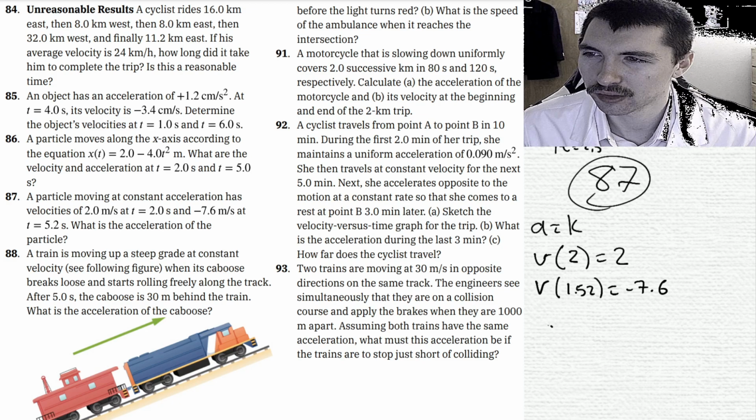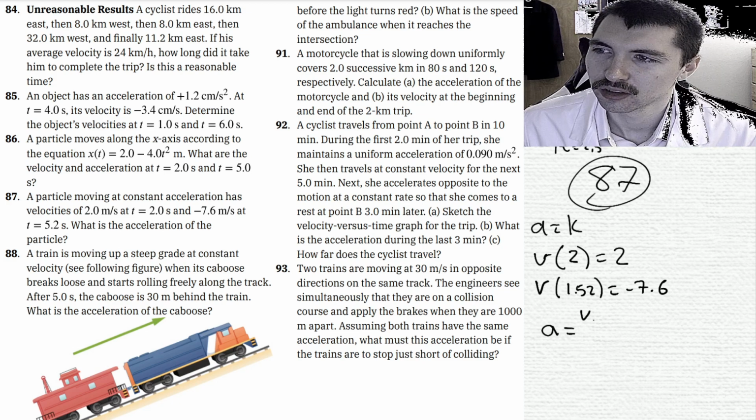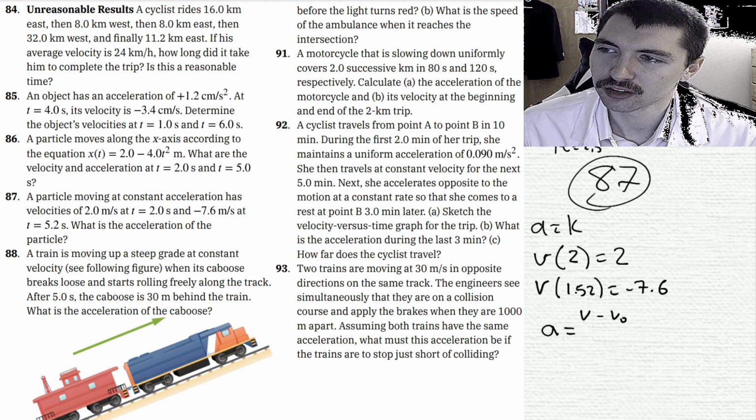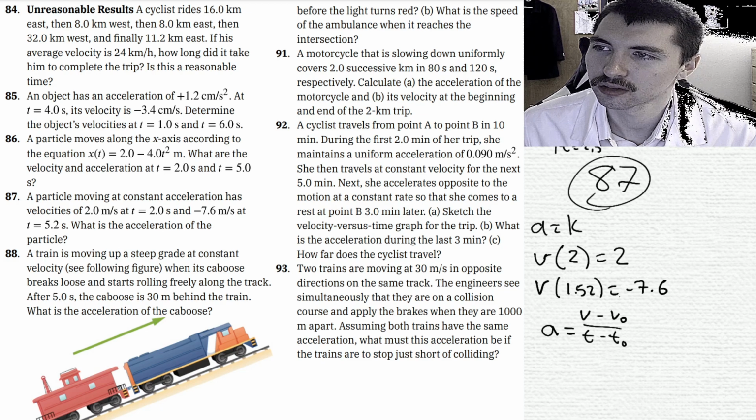So I think we're going to use this equation, v minus v naught over t minus t naught. So acceleration should be 7.6 minus 2 over 1.52 minus 2.